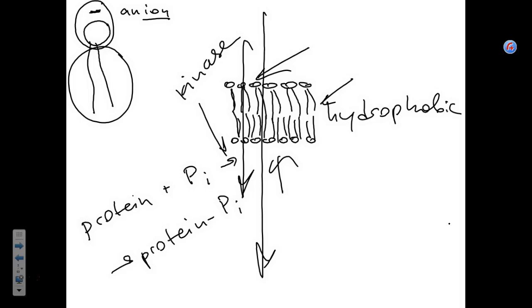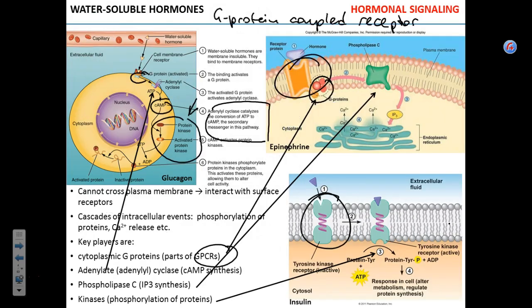You add phosphate to it, it changes the shape and becomes functional. Does that make sense? So cyclic AMP can activate a kinase, which then will phosphorylate the protein. The protein will become active and will do stuff.